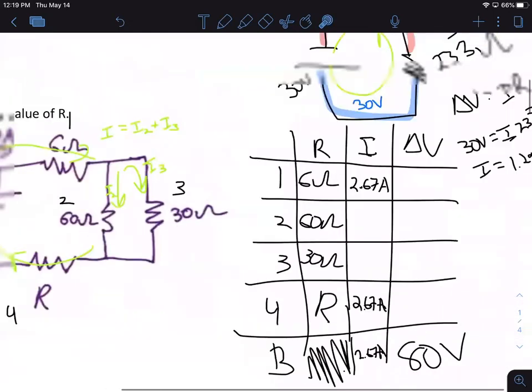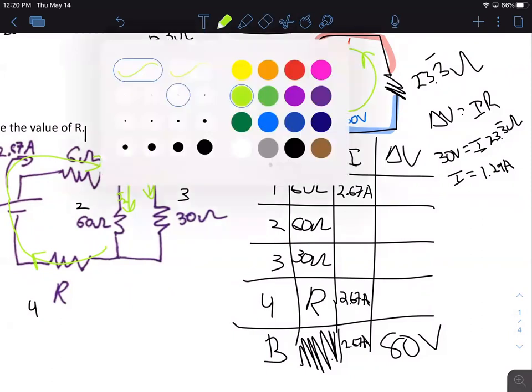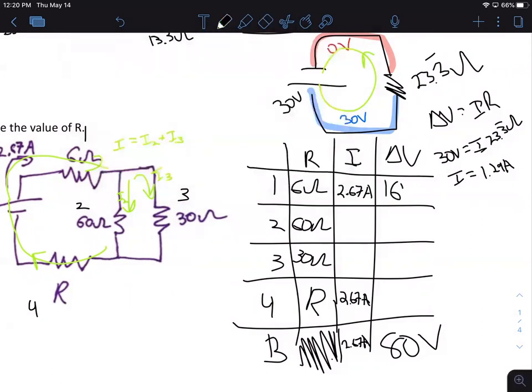So it looks like I can find the delta V for the 6 ohm resistor, because I know its resistance and I know its current. 6 times, I assume that's actually 2.6 repeating. Yeah, so 16 volts.